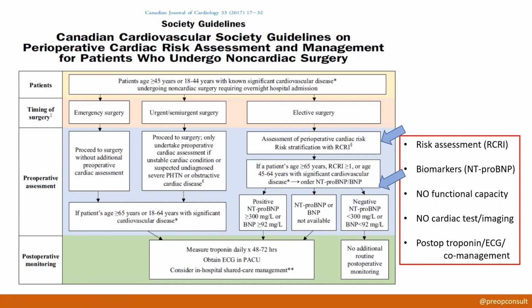Nothing in their guidelines or their algorithm says anything about assessing functional capacity or doing any cardiac testing or imaging. And then they say if you're at high risk and didn't do a biomarker, or your biomarker is elevated, then they recommend post-op troponins, electrocardiography, and in-hospital shared care management, which is co-management with hospital medicine. So the 3 sets of guidelines are a little bit different, and sometimes dramatically different. For example, here, no recommendation for functional capacity or cardiac testing.